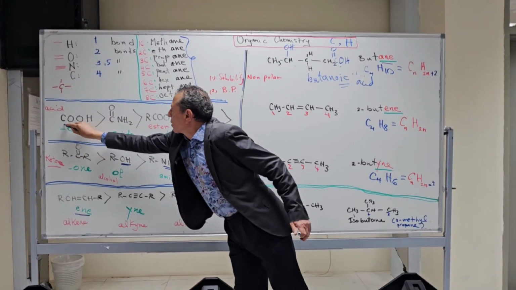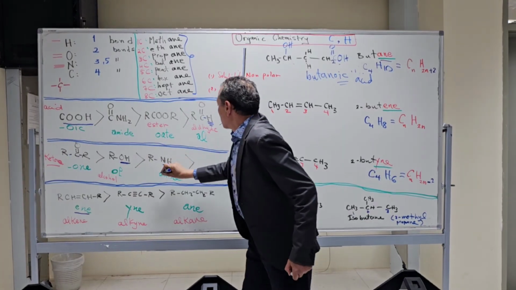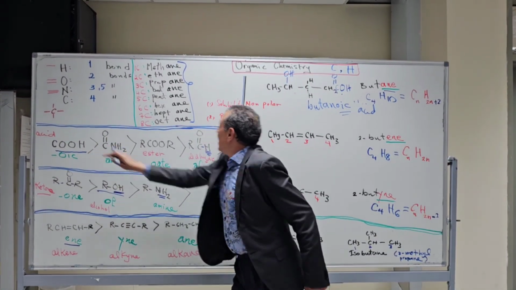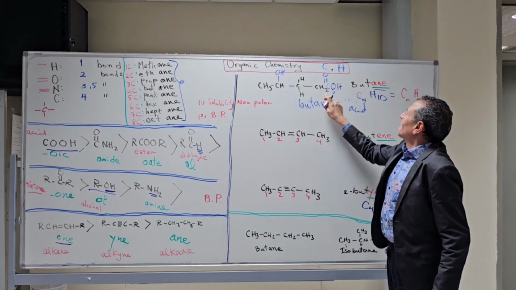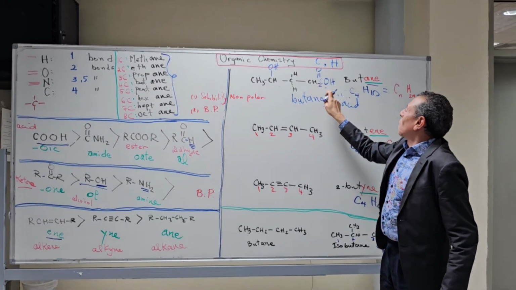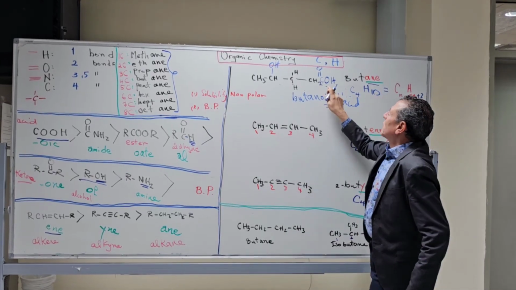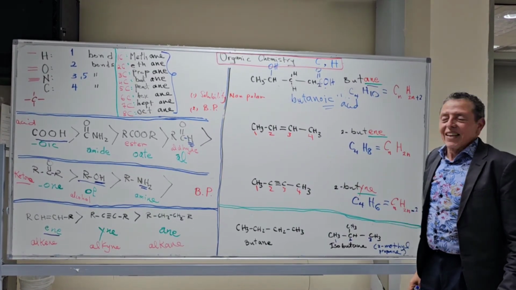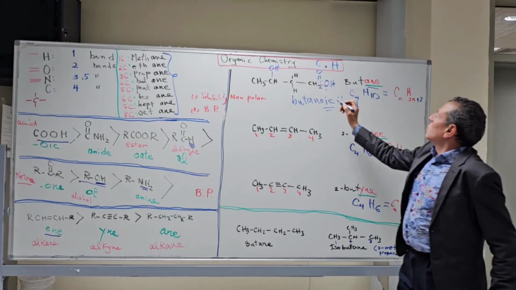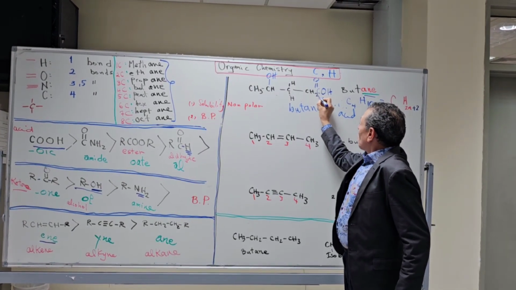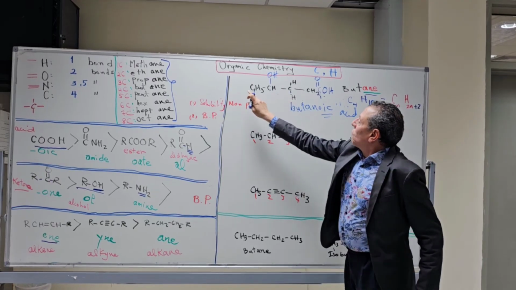Here is the carboxylic group, and here is the OH group, and the carboxylic is stronger. This means that you start to do the nomenclature from this way, right? Not from this way, because the carboxylic group has the priority. Then you start with this numbering. 1, 2, 3, 4.